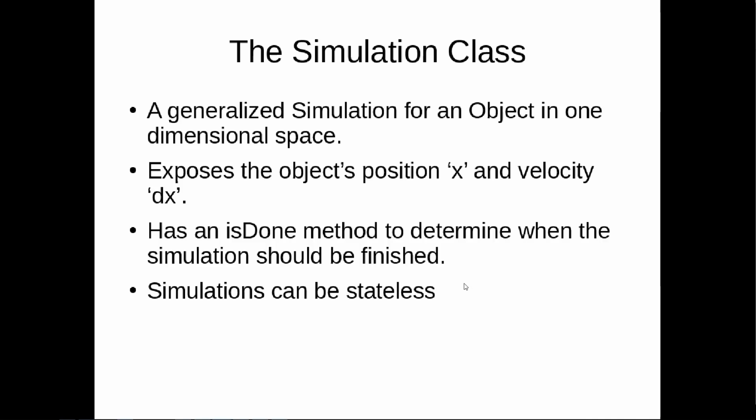We have the velocity, which is signified by dx. And then we have this isDone method, which we can use to determine when this simulation should be finished in the timeline. Most simulations should be stateless, so that when a user actually initiates the simulation, it will be able to activate at any arbitrary time frame.